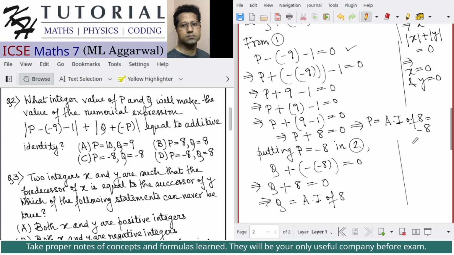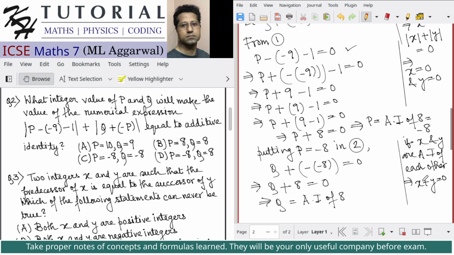We have studied regarding the additive inverse of an integer x. If x and y are additive inverse of each other, it will mean that x plus y is equal to 0.